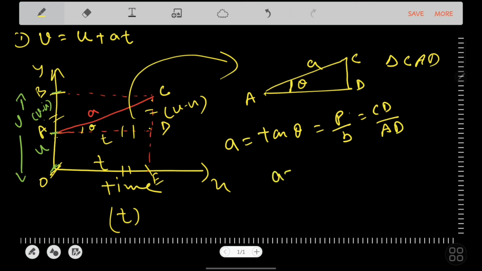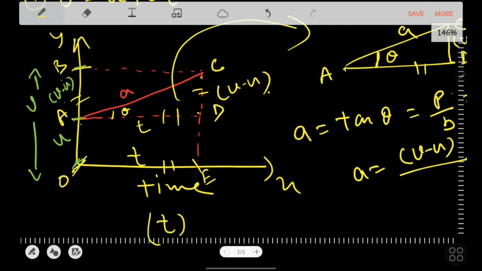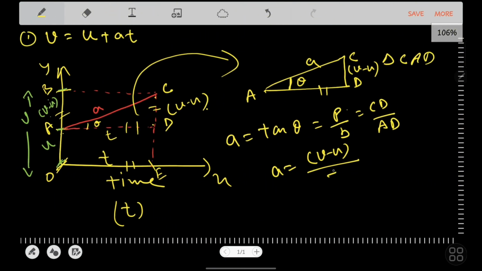So we can write A equal to CD upon AD. CD is V minus U. We can write A equal to V minus U upon AD. AD is parallel to the time axis, so we can write this is T.